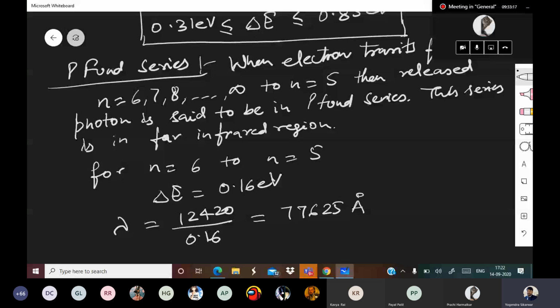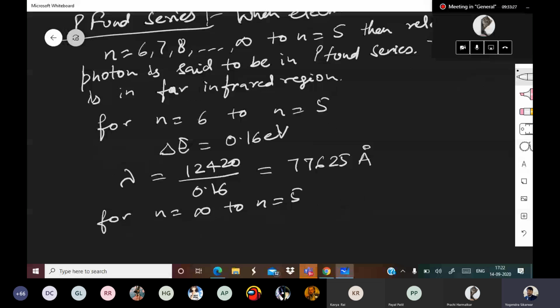Okay. For n is equal to infinity to n is equal to 5, please tell me the energy difference.